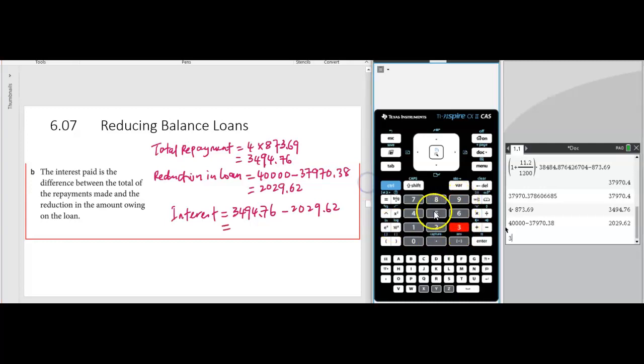So for this, 3494.76 minus 2029.62. Okay, so the interest here will be 1465.14. Okay, so this is the interest.